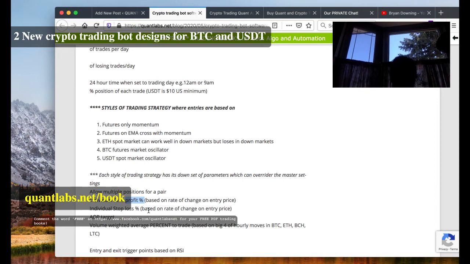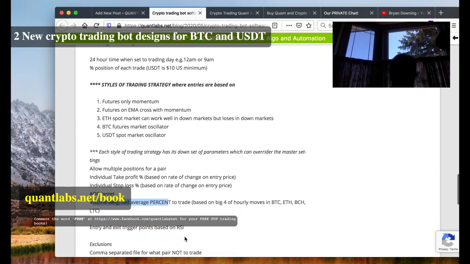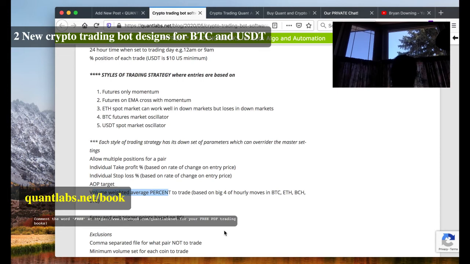So there's that. RSI is another way to control the entry and exit, and as well overall, if you want to trade or not, is using this volume weighted average percent as well. So you do have pretty damn good control with this.